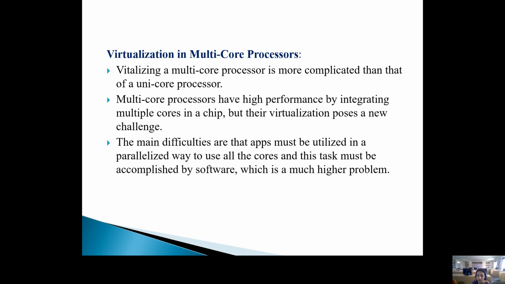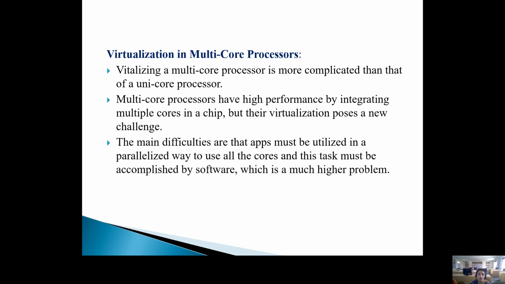The application program must be parallelized to use all the cores fully, and software must explicitly assign tasks to the cores, which is a very complex problem. Concerning the first challenge, new programming models, languages and libraries are needed to make parallel programming easier.